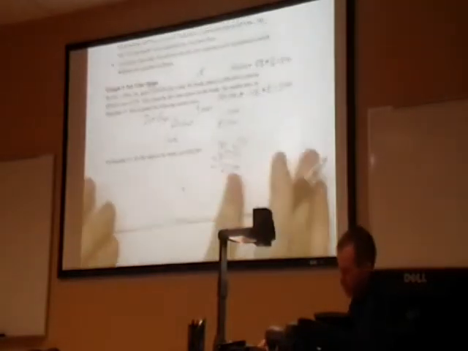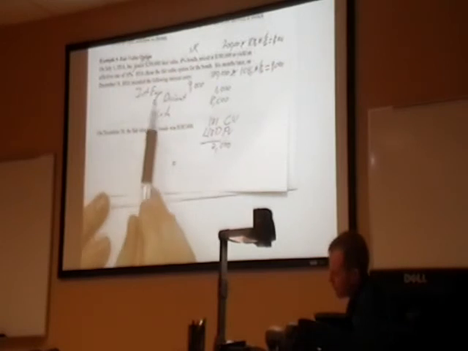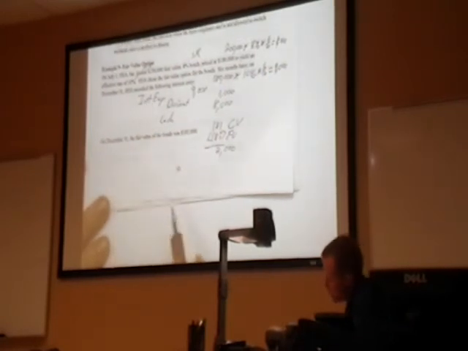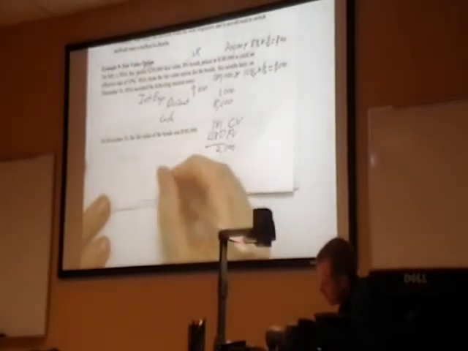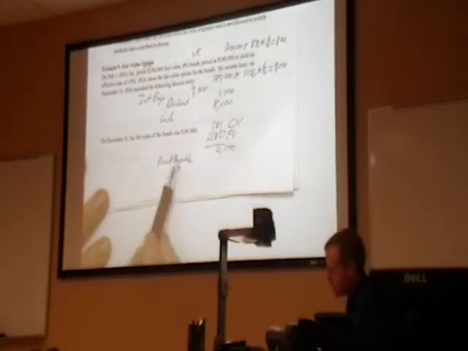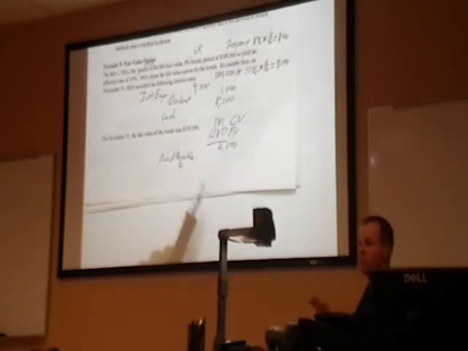So effectively what we're going to do, if we are the person that issued it, we need to increase our liability. So we're going to have a bond payable. I'll make it simple. We're going to credit the bond payable $2,000.